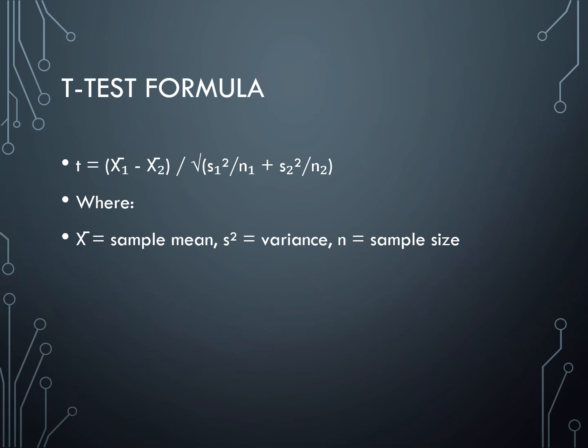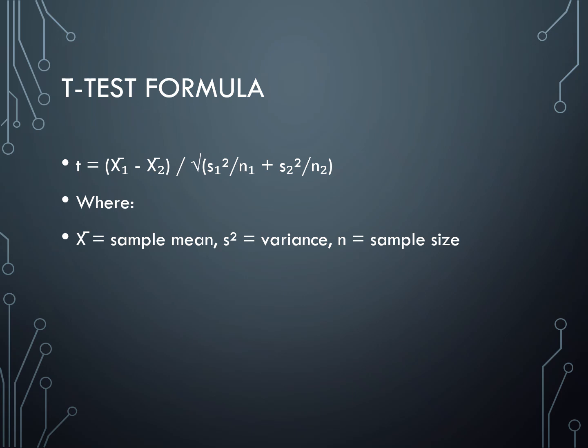T-test formula and example. The formula of an independent t-test is t equals x1 bar minus x2 bar divided by square root of s1 squared divided by n1 plus s2 squared divided by n2. Here x bar is the sample mean, s squared is the variance, and n is the sample size. Let's take an example. Group A: mean equals 85, s equals 5, n equals 10.